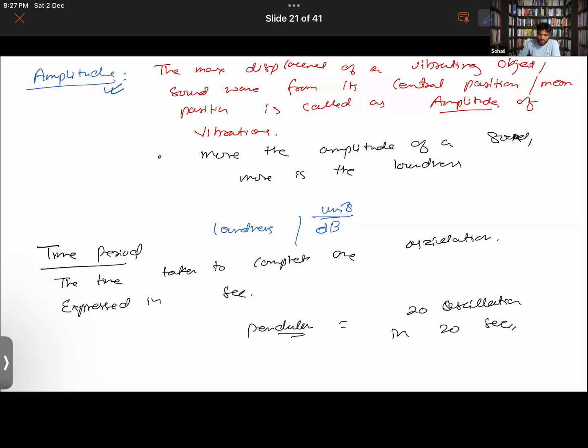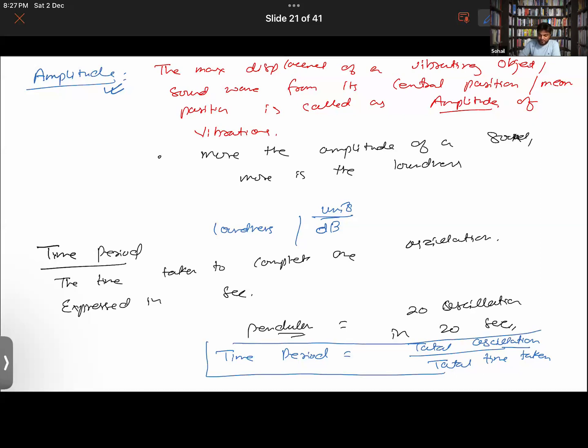That is 1 second. So we can calculate time period in this manner. Time period is equal to total time taken upon total oscillations, the time taken to complete that much of oscillation. So remember this formula, that is very important. So in this manner we calculate time period.